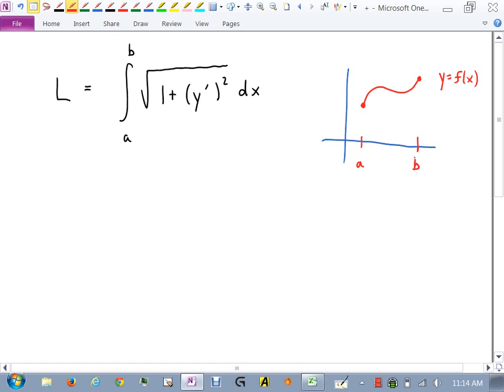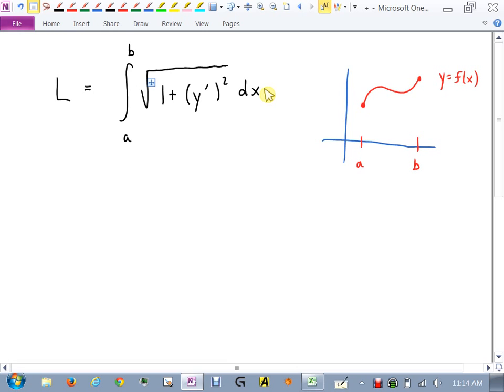So if you take that curve, stretch it out, and measure it, the length of it will be this. And we verified using this formula last class that the circumference of a circle is 2 pi r, right?